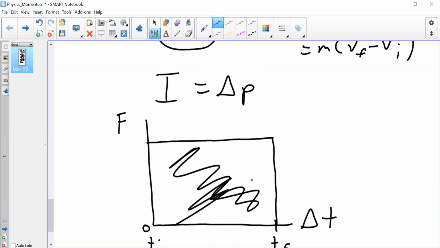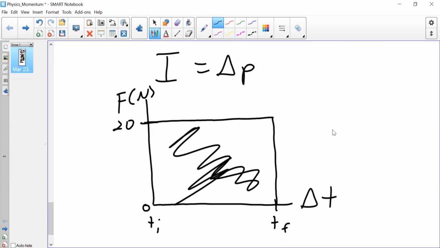So for example, force is measured in newtons, let's say this was 20 newtons, and it took me, I don't know, 5 seconds to hit this object, not a baseball, but some other object. So let's say that t final is 5, and t initial, of course, was 0.